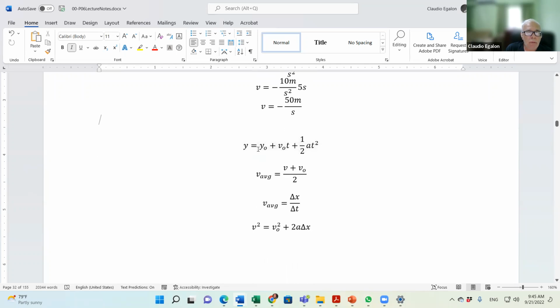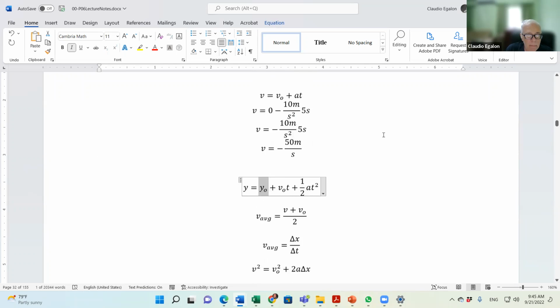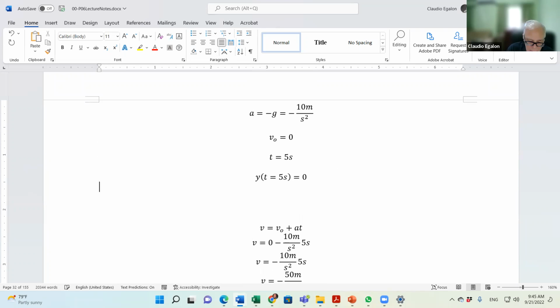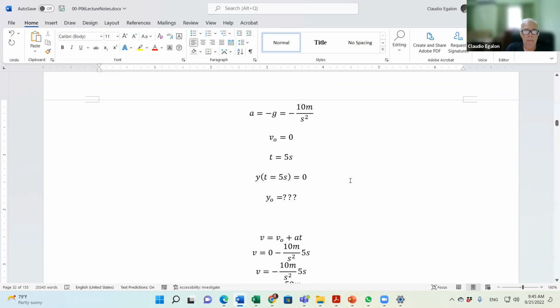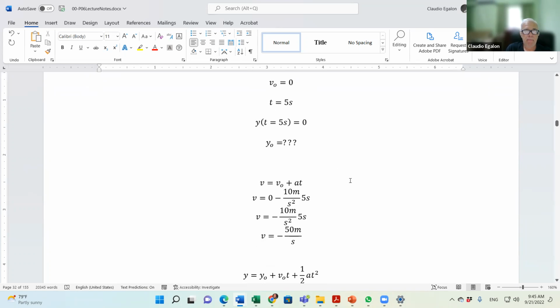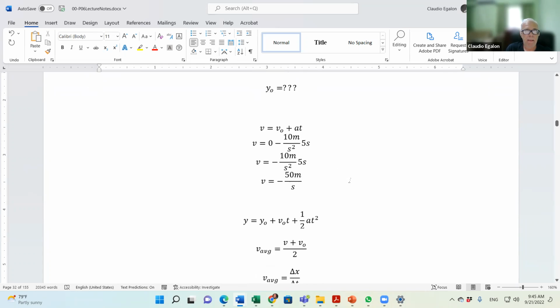Now, remember, I want to find y naught. I'm going to put it here: y naught equal to, that's what I want to find out. If you want to find y naught, most likely that's going to be the most useful equation to solve the problem.